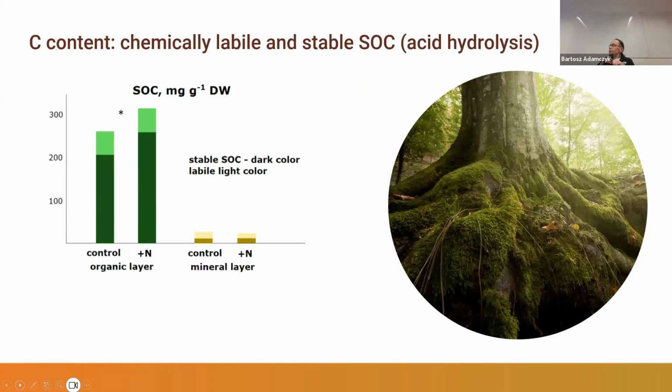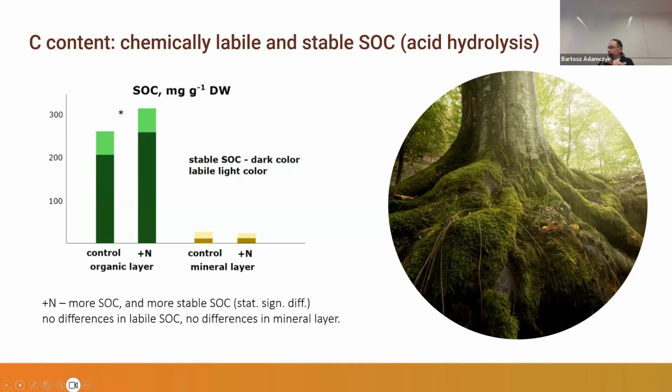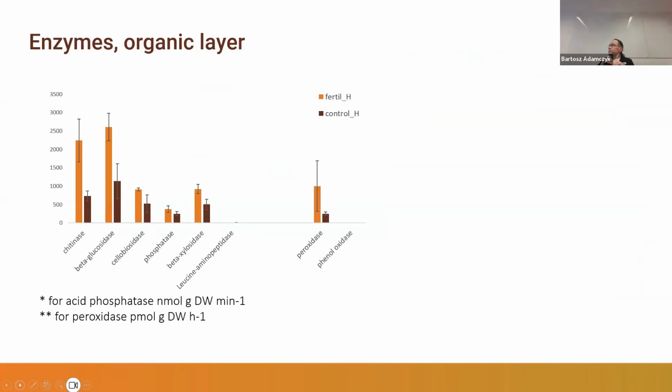So here are our results. Please take a look at these green columns especially. We've got more organic carbon and also organic carbon stocks after nitrogen fertilization. Next one. And next one. In the case of enzymes, we've got also basically almost always higher enzymatic activities under nitrogen fertilization.